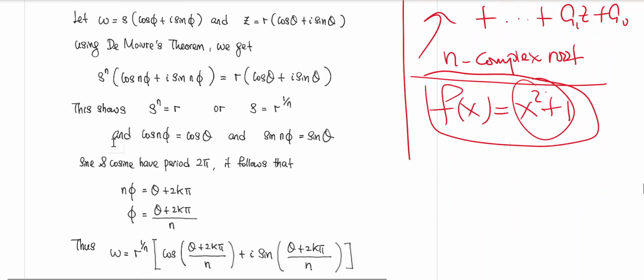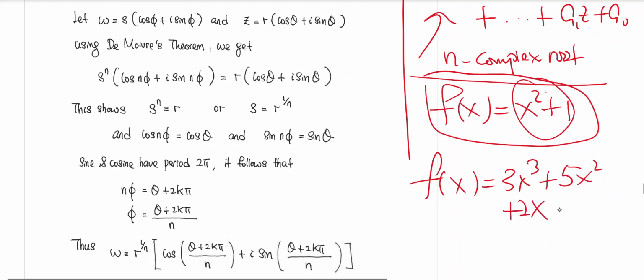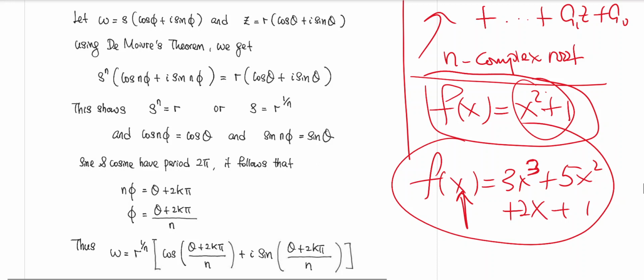If you have f(x) equal to, I am just randomly giving you this polynomial of degree 3, we know that this type of polynomial has at least 1 real root, but it might have 3 real roots. It's a mess. You don't really know. But if x is not restricted to real numbers, and you allow yourself to use complex numbers, we know from the theorem of Gauss that you will have exactly three complex roots.